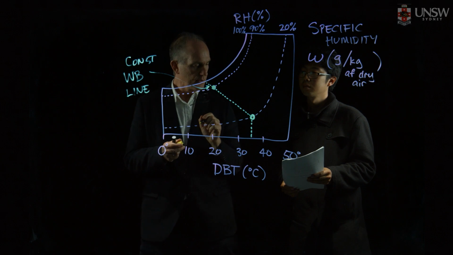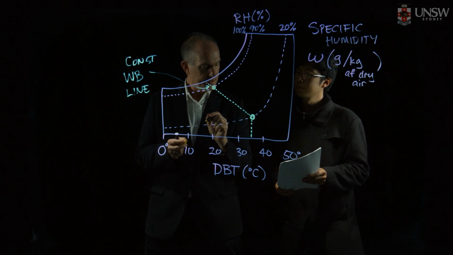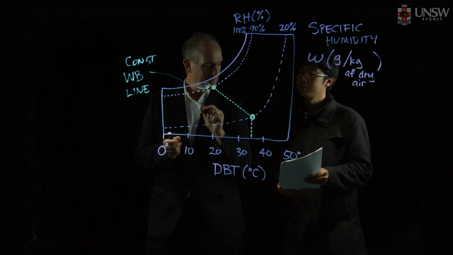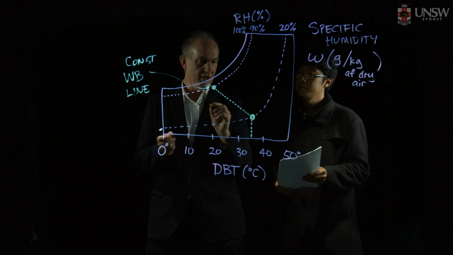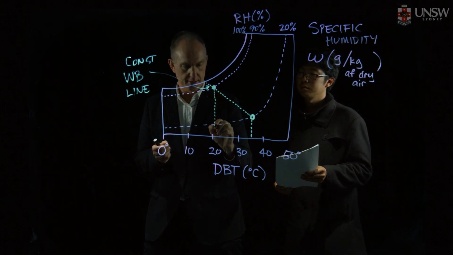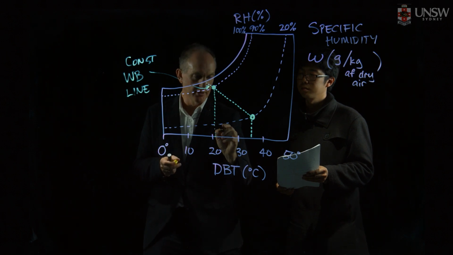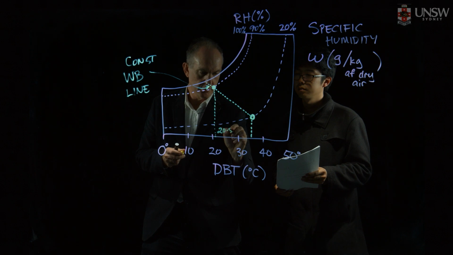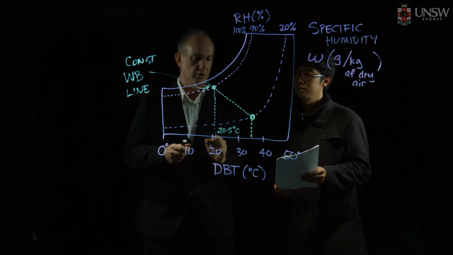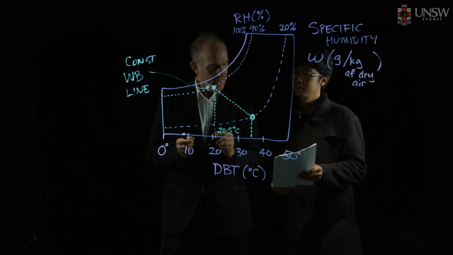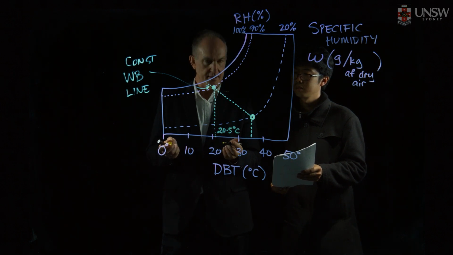Now, the question was asking us, as the air exits the evaporative cooler, what's the dry bulb temperature? Well, to find that, we just drop down here and we find that we have a dry bulb temperature on our psychrometric chart of 20.5 degrees Celsius, and that's pretty much all we need to answer.